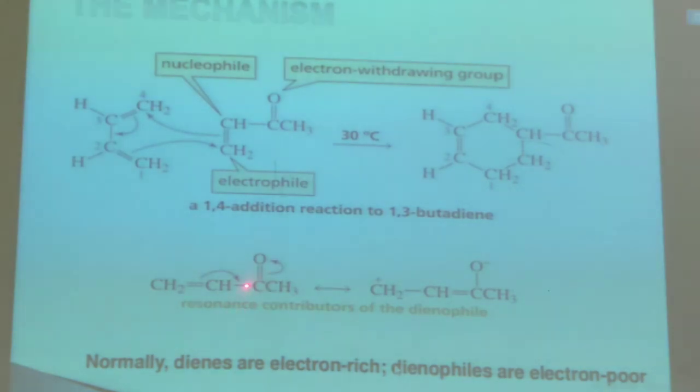This is a 1,4 addition reaction to 1,3-butadiene. So the mechanism is as follows: the pi electrons will move inward between the third carbon, the carbonyl carbon, and the second carbon, and the methylene group becomes electron deficient, and ultimately that oxygen will again move inward, and the pi electrons will move towards the second carbon, so that becomes electron rich and the other becomes electron deficient, and they combine with 1,3-butadiene to form that structure.